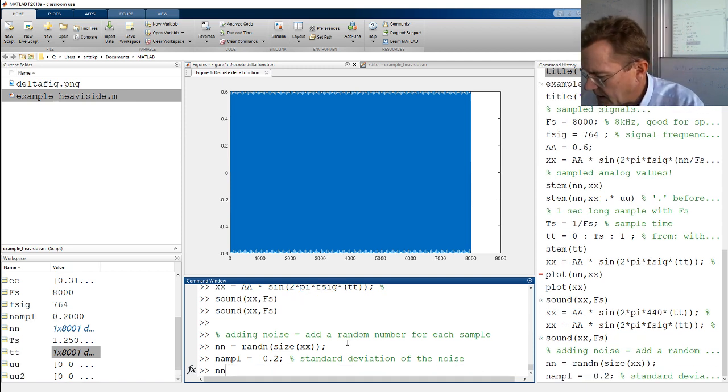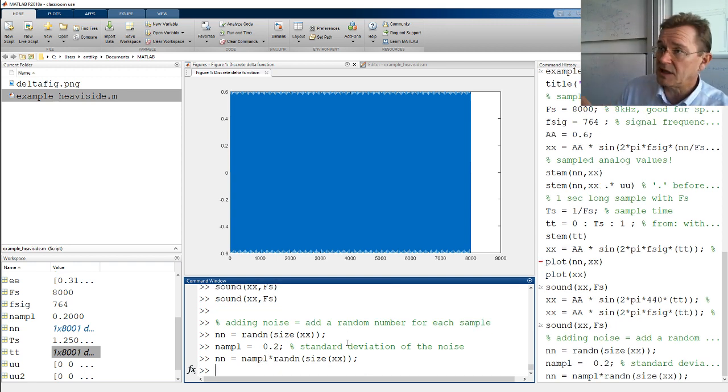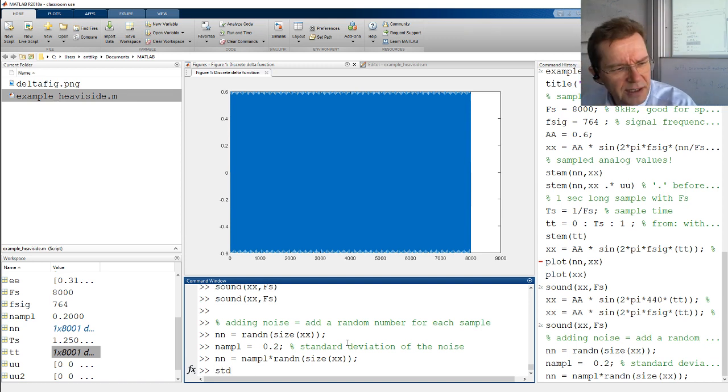Meaning that nn is actually n amp times those random numbers, which means that if I choose a standard deviation of nn, I should have about 0.2 there.